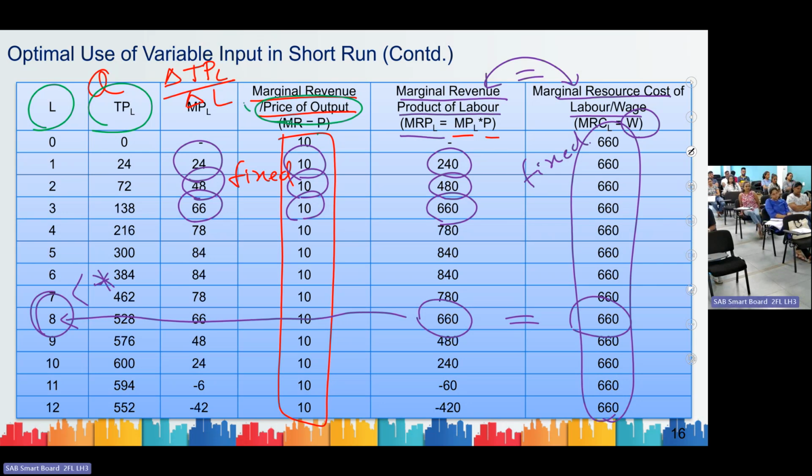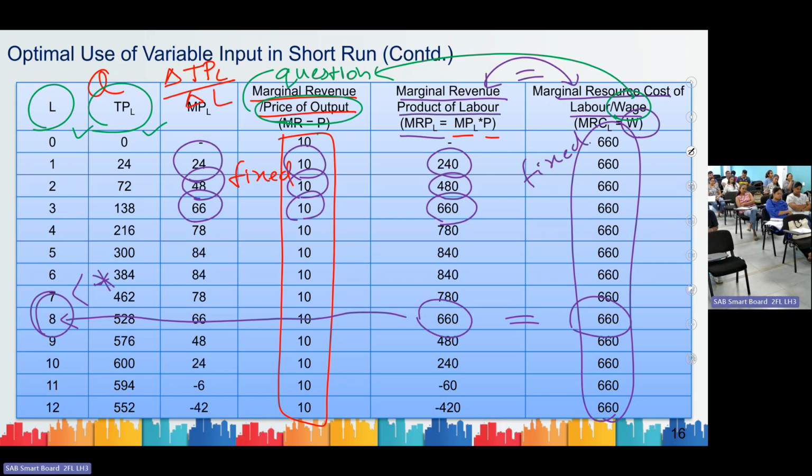In the question as a sentence, you will be given that the firm is selling its output at this price. The wage rate also will be mentioned in the question as a sentence. So this will be given in a table.